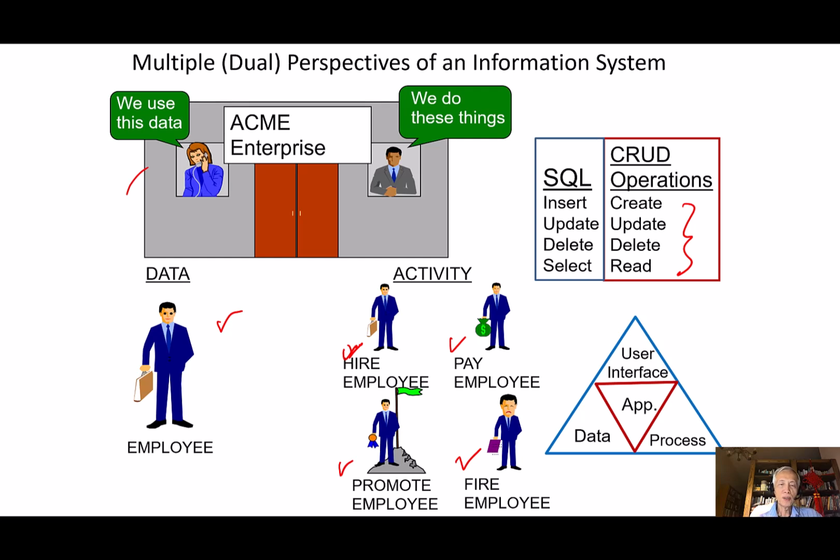When you promote employee, we basically are updating the employee's record in terms of their position, maybe salary. And when we're paying employee, we may need to retrieve employees' data to decide on their salary level and how to pay them on monthly or weekly basis. When we let go an employee, that may involve deleting an employee.